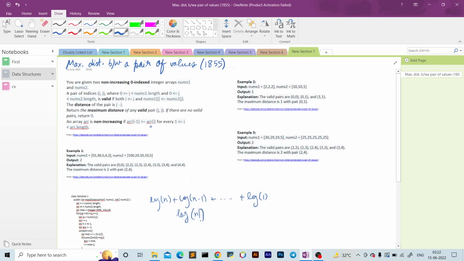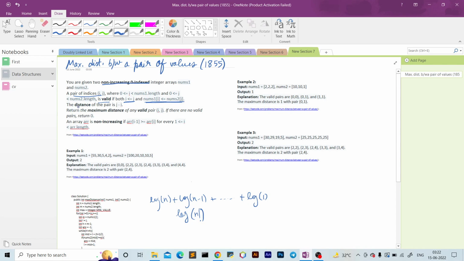Hi everyone, so I will be discussing LeetCode 1855, Maximum Distance Between a Pair of Values. In this problem we are given two non-increasing zero-indexed integer arrays nums1 and nums2, and a pair of indices (i, j) is valid if i is smaller than or equal to j and nums1[i] is smaller than or equal to nums2[j].